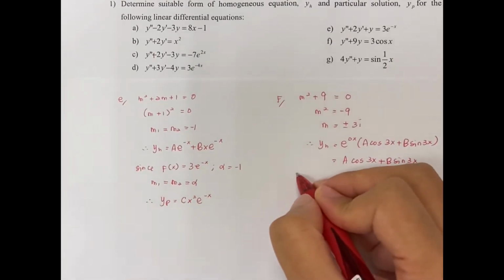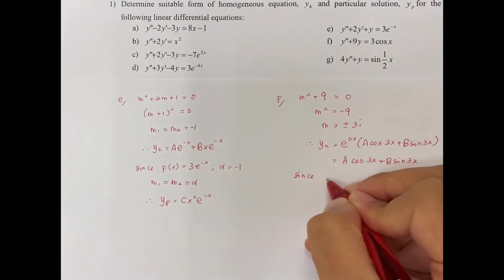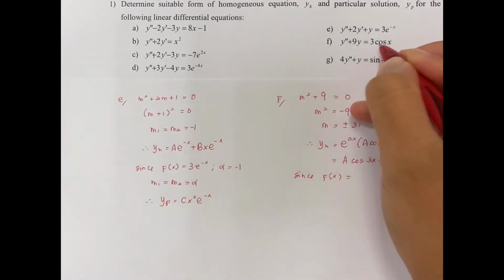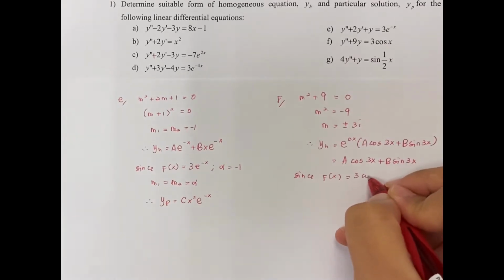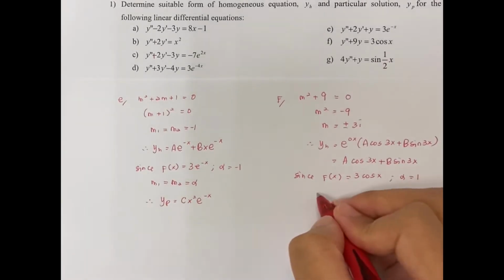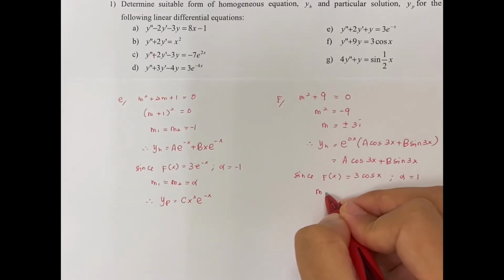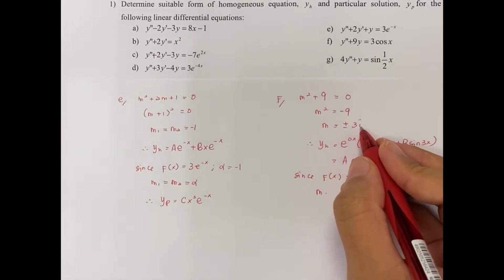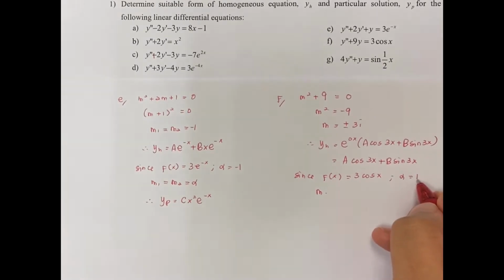And then consider your fx and roots. fx is equal to 3 cos x. So the alpha now is equal to 1 in this case. Your m is 3i, but your alpha is equal to 1.